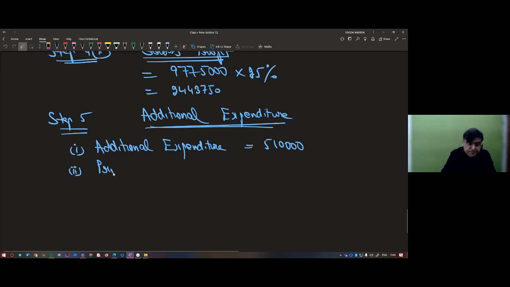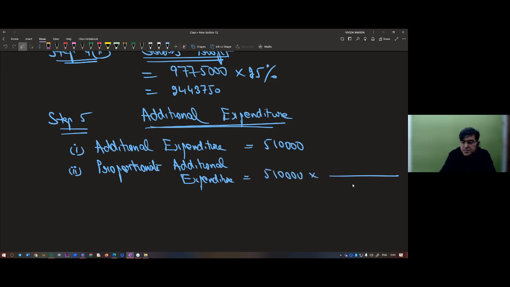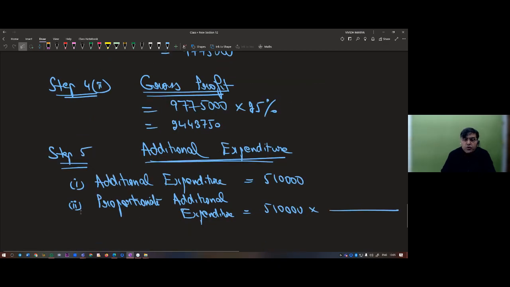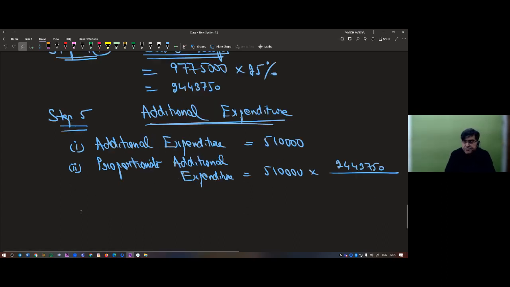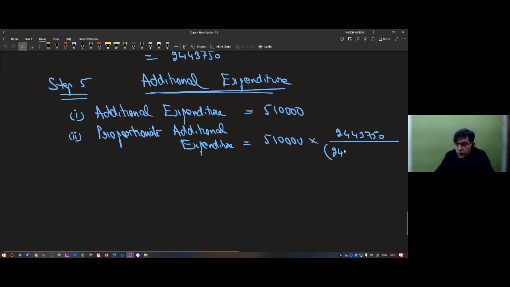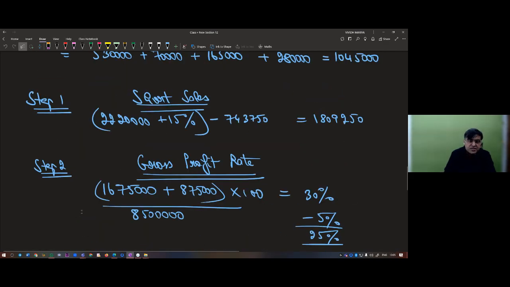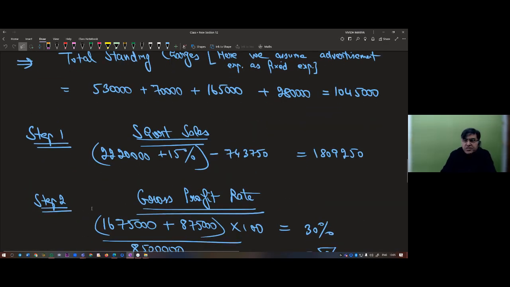Second, proportionate additional expenditure. 5,10,000 into GP 2443750 divided by 2443750 plus uninsured standing charges. So the topic is uninsured standing charges.